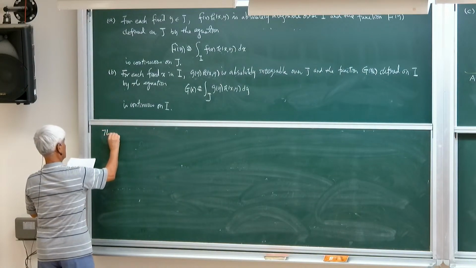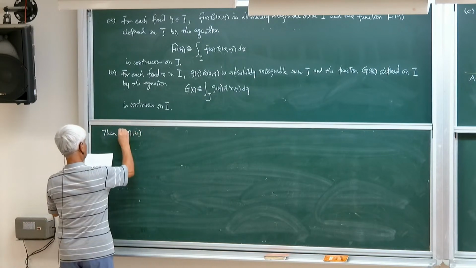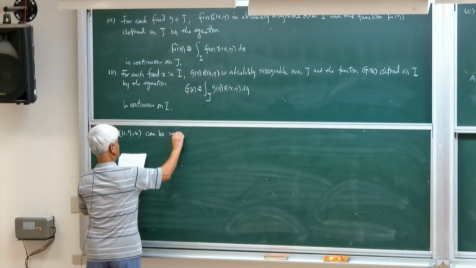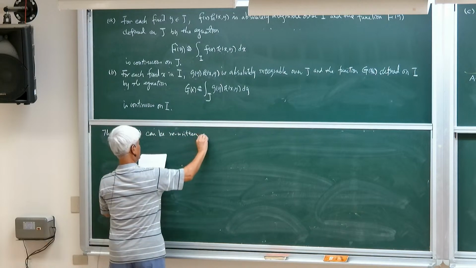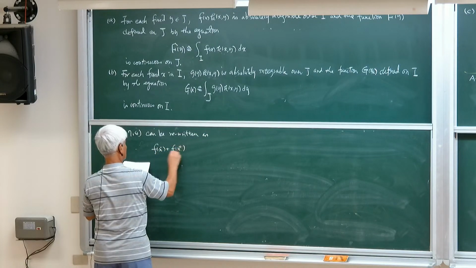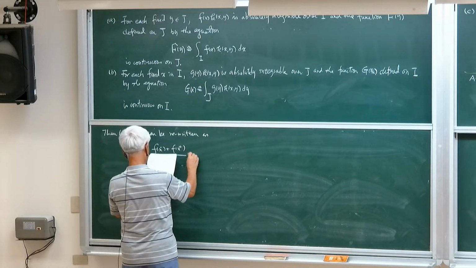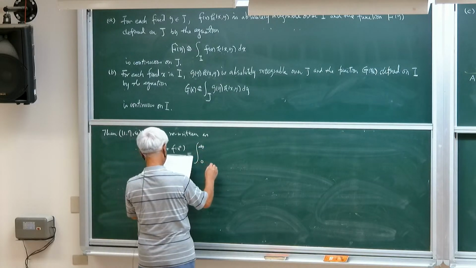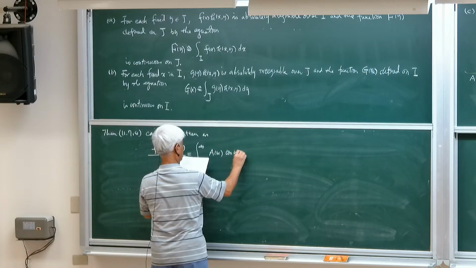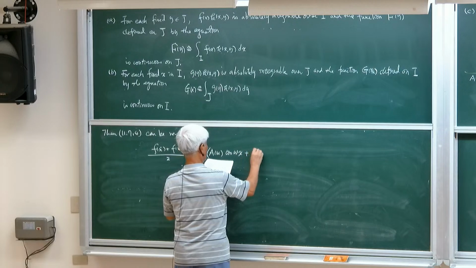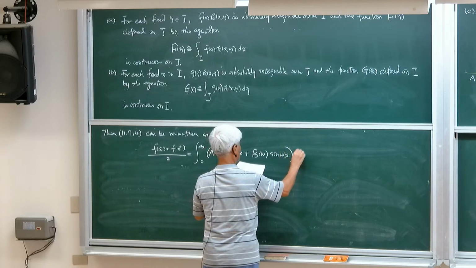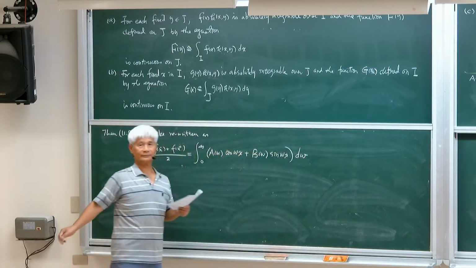Then 11.74 can be rewritten as here: the integral of A omega cosine omega x plus B omega sine omega x d omega. Very interesting.